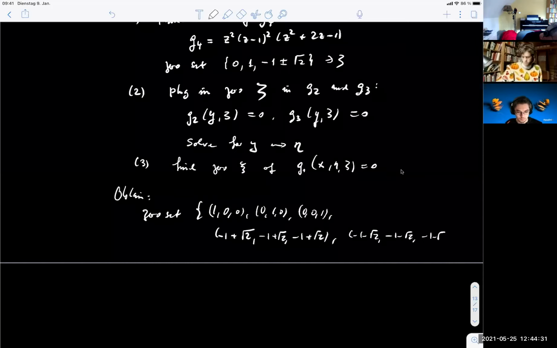I could have written it in a more compact way, but it doesn't really matter.